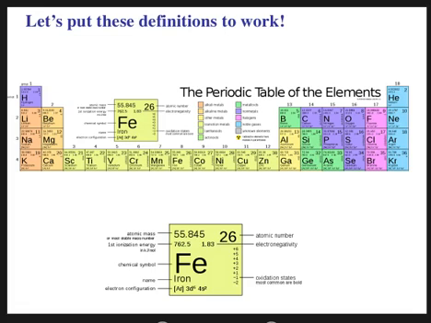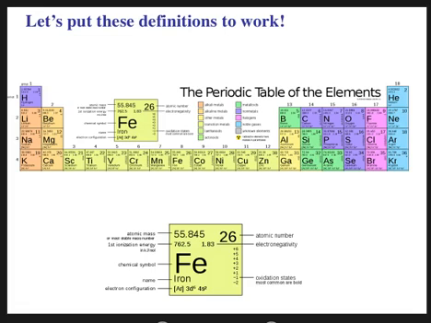We said that atomic number was the number of protons in the nucleus, okay? We said that the atomic mass is the atom's total mass, and it's pretty close to the mass number. So we said the mass number was the protons plus neutrons. So I would look at that and I would say, it doesn't tell me exactly, but I'm pretty confident the mass number for this element is going to be 55.